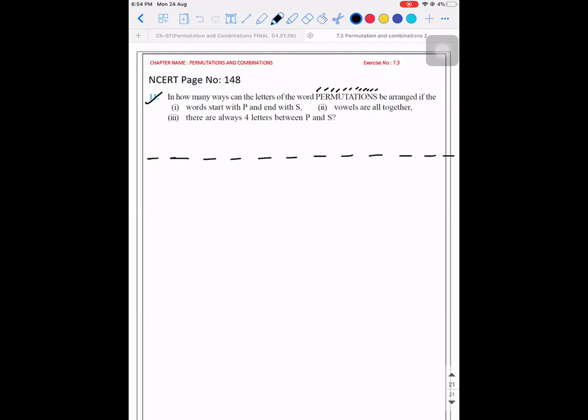What are the conditions they have imposed? It should start with P and end with S. So how many blank spaces do you have? 10. Placing P here can be done in one way, and placing S here can be done in one way. Are there any repetitions? Yes, T is repeated twice.